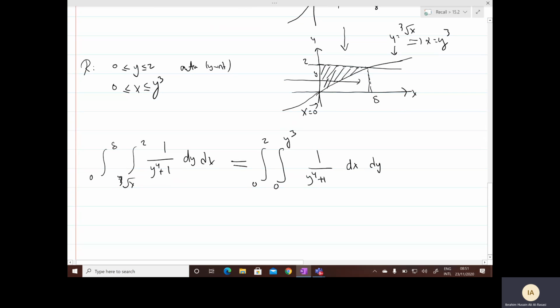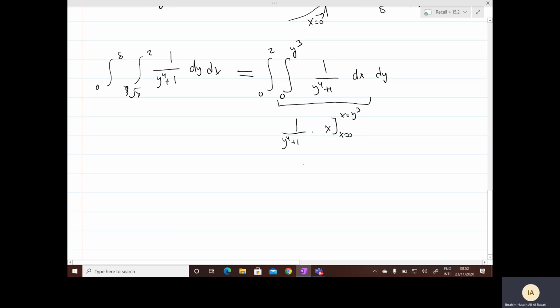Now I integrate. Now this is a function of y. We integrate with respect to x. This is constant, so it is 1 over y to the power 4 plus 1. What is the integral of 1 dx? It is just x, from x equal to 0 to x equals y cubed.